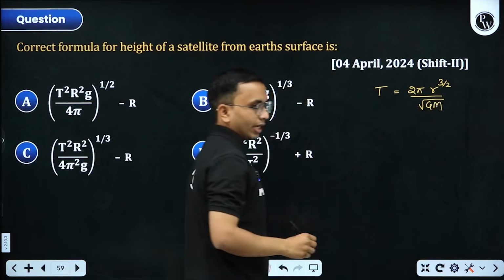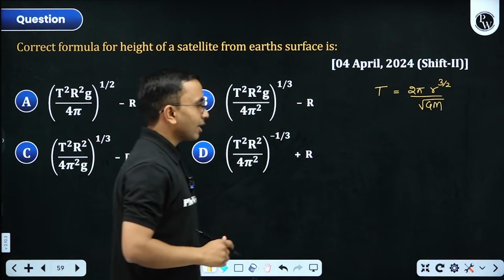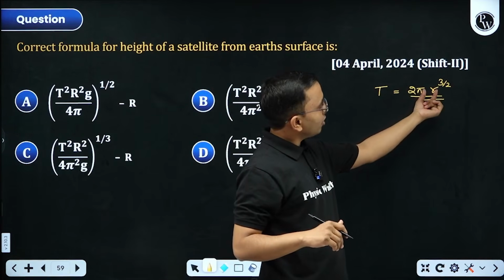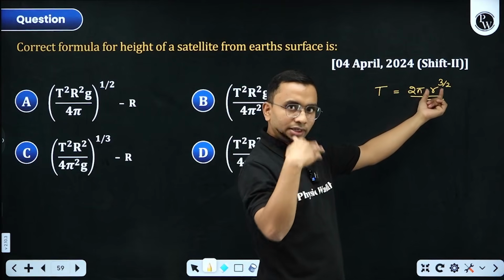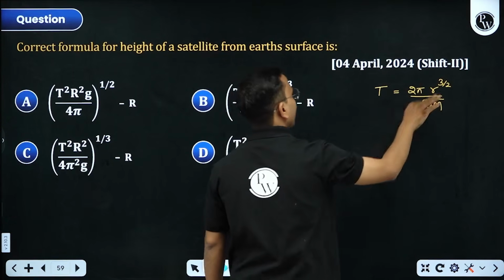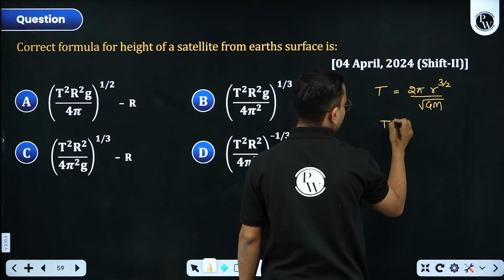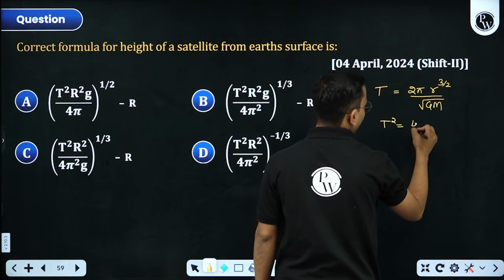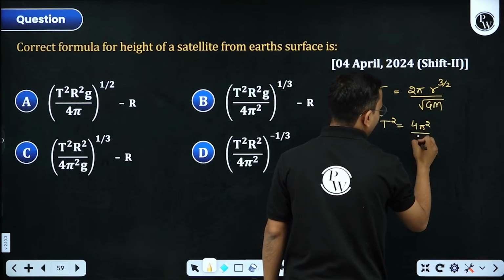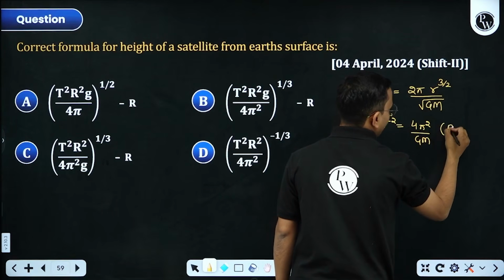This formula we derived. I will write r as R plus h, where r is the distance from the center. If I want to write in terms of height, it will become R plus h. Let us square the whole term first. So T square is equal to 4 pi square by GM into (R plus h) cube.